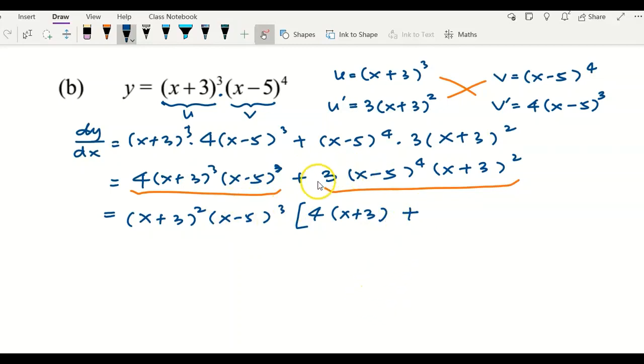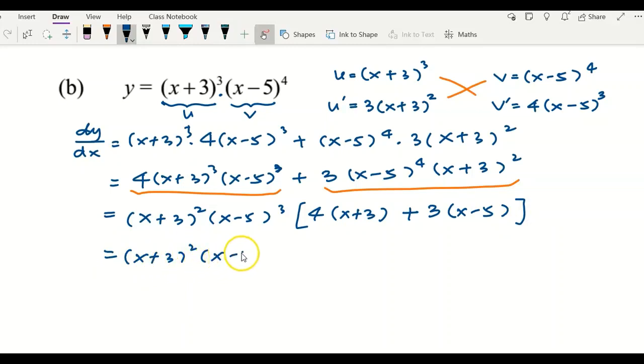All right, plus the 3, you just copy it down. And then (x minus 5) to the power of 4 has been factored out to the power of 3, so it leaves (x minus 5) to the power of 1. And (x minus 3) squared has been factored out, so we will leave 1 inside this bracket.